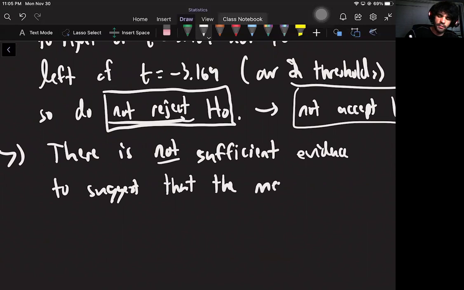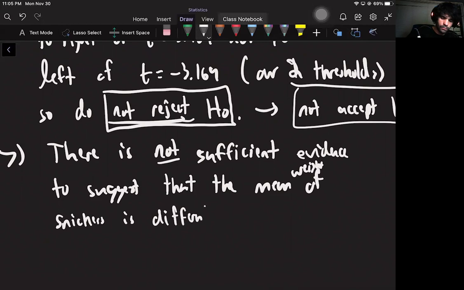the mean weight of Snickers is different from what was claimed. So again, we're not accepting that this is true.